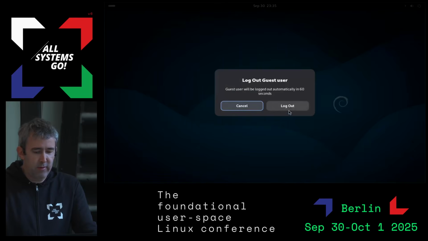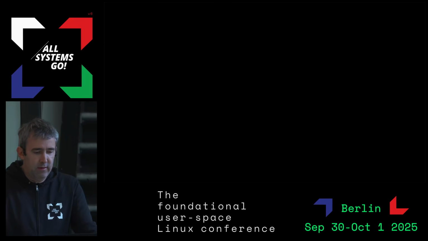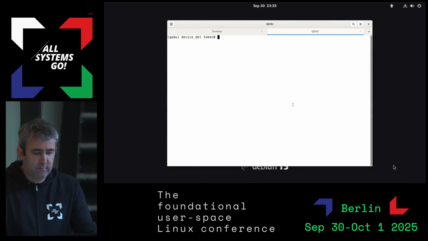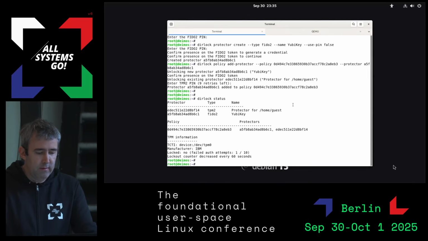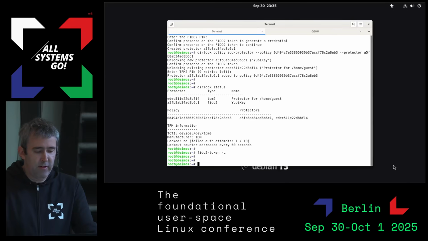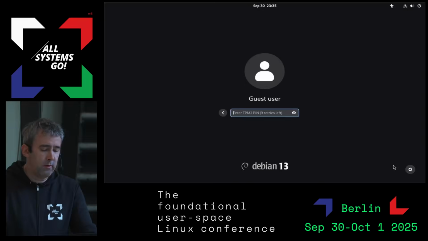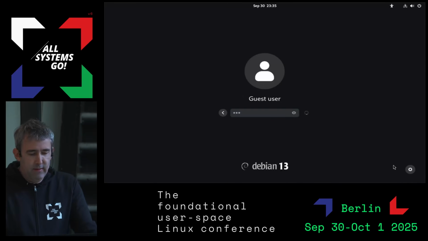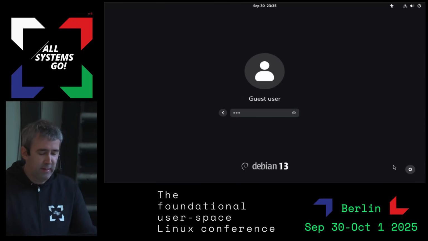This is a VM, so I don't even need to unplug it. I can just remove it from the VM directly, from the QEMU monitor. Now if I check if there's something connected, it will tell that there's nothing. So if I try to log in, the system detects that there's no token anymore, so I need to enter the PIN normally. And that's basically how it works.